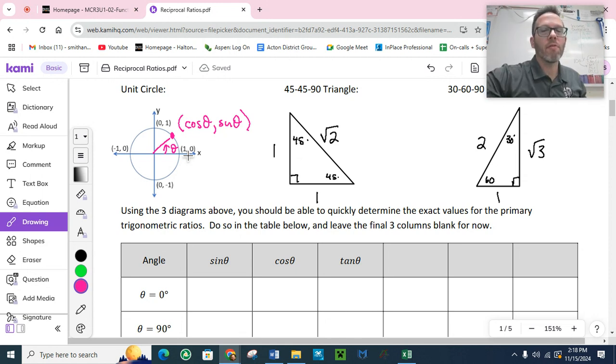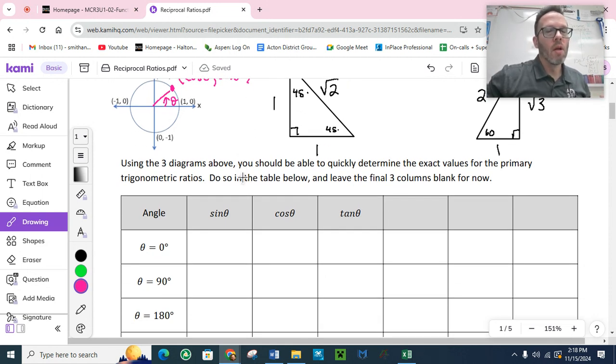So let's do 0 and 90 degrees together. The point on the unit circle corresponding to 0 degrees is (1, 0), which means the cosine of 0 is 1, the sine of 0 is 0, and the tan of 0 is just sine over cosine, 0 over 1, which equals 0.